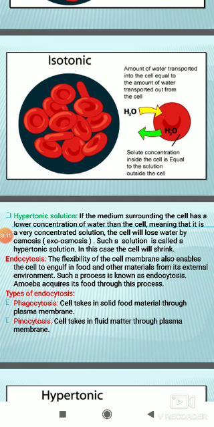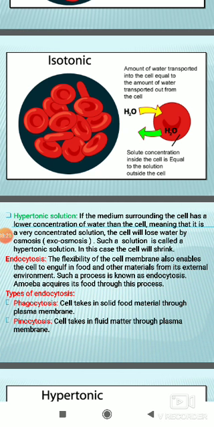If you go further in classes, you will come to know that amoeba is a single cell animal, a unicellular organism, so it undergoes all the processes like taking up food and water. It acquires food with the help of endocytosis, because it needs to take the food from the outside environment into its cell.